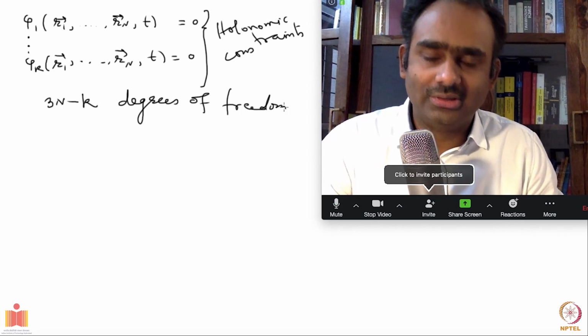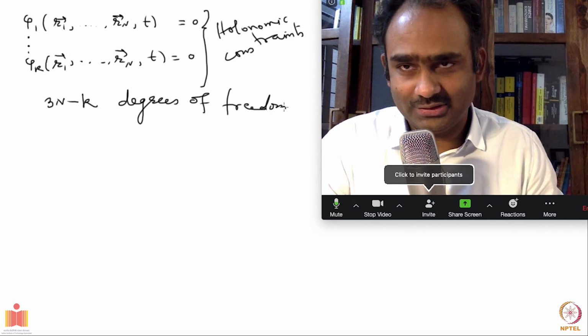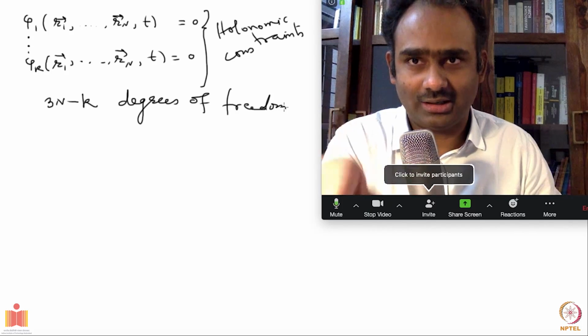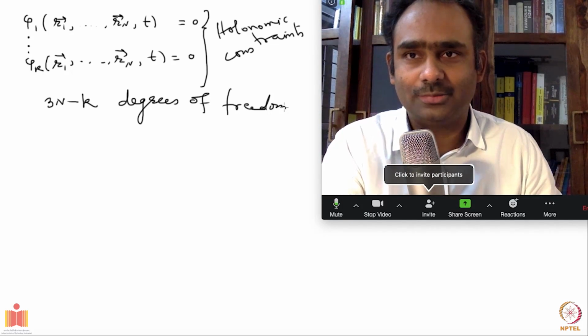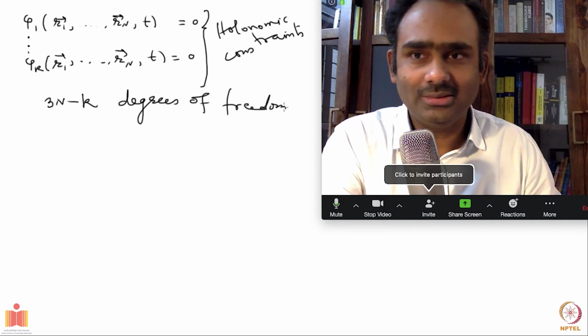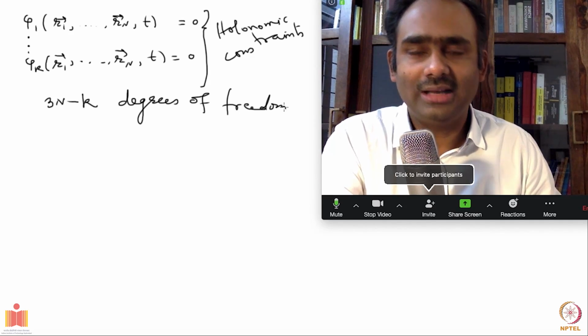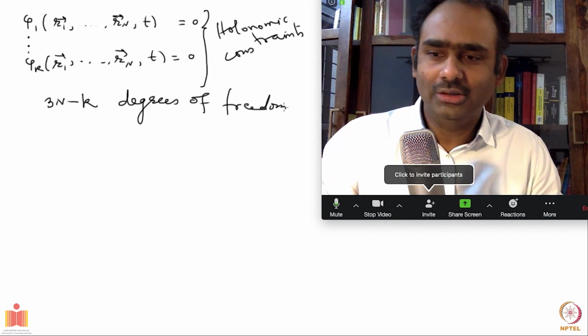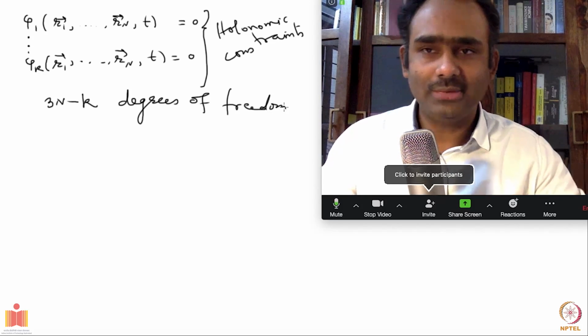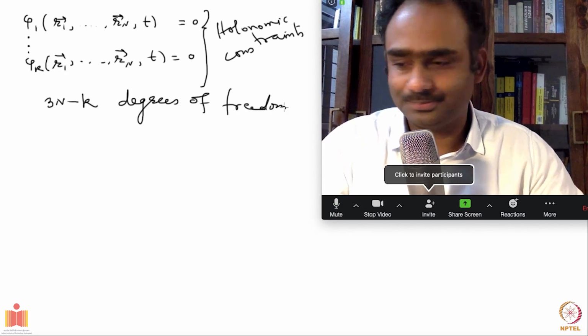Because you have n number of particles, which is clear because I'm using R1, R2 and Rn. So you have a total of n particles. Each of them has 3 because of XYZ. And then I have specified k constraints for you. So you'll be able to eliminate k of them, and you are left with 3n minus k degrees of freedom.